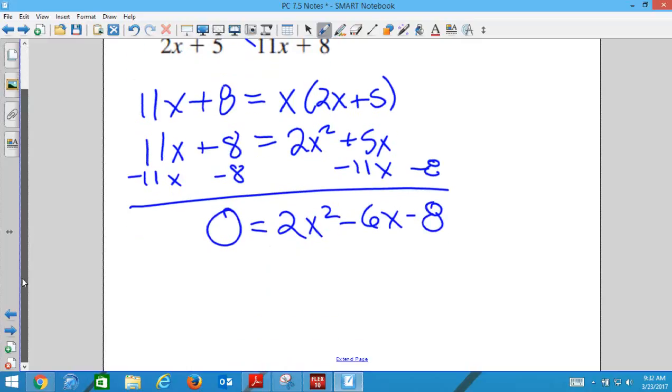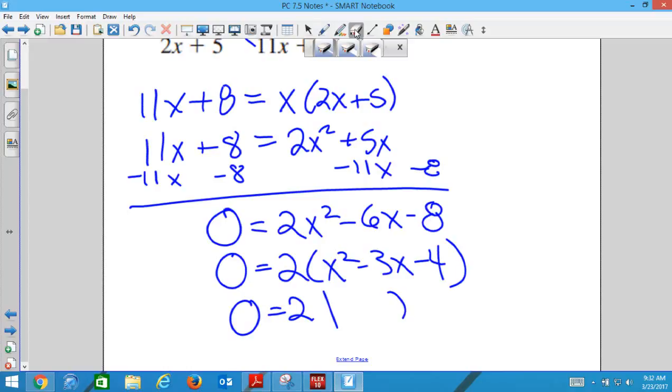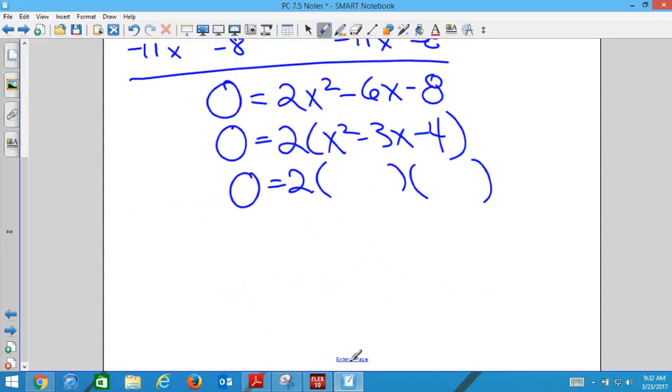So I'm going to try to factor this first, because if it's factoring, it's faster. I see that there's a GCF of 2, so we'll take out that GCF. And then we try to factor by guess and check.